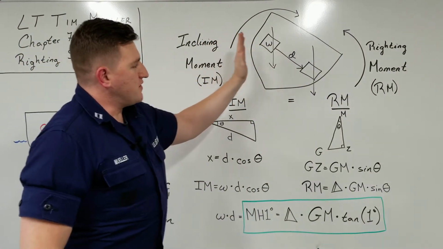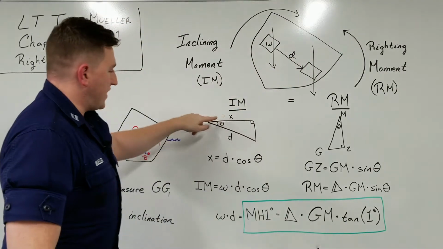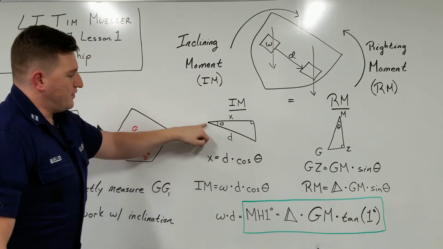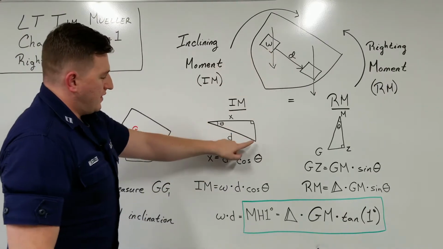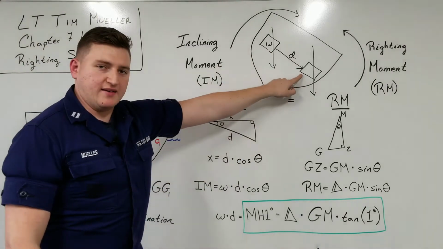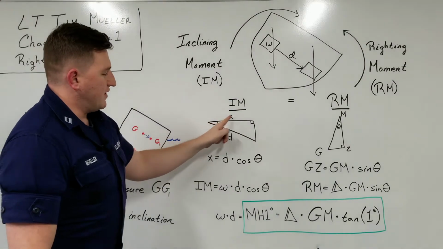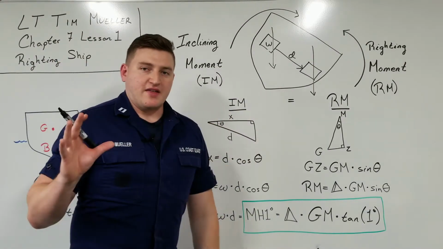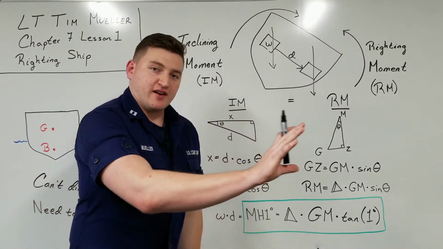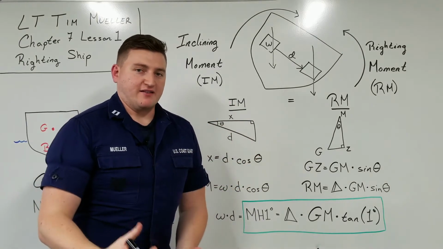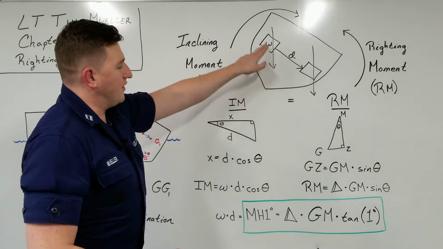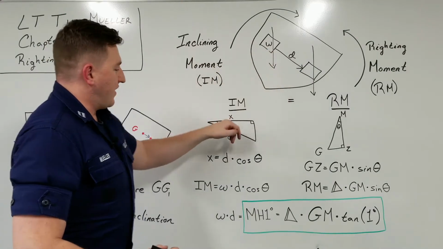It actually moves this perpendicular distance, which I'm going to call here x. So in this triangle, this point is where the weight started, this point is where the weight ended, and then this x is that perpendicular distance that the force of gravity actually shifted. That's what the actual inclining moment is going to be reacting to, not this lowercase d. It's going to be that x.